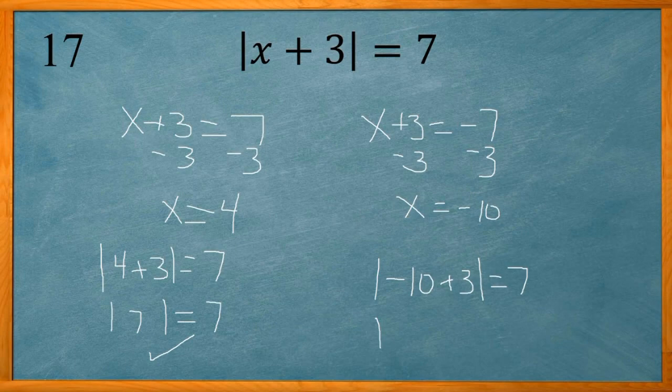Negative 10 plus 3 is negative 7. And then the absolute value of negative 7 is 7. So that works out. So in this case, when we have absolute value, we have two answers, almost like the problems with the quadratic or even square. So these have two answers.